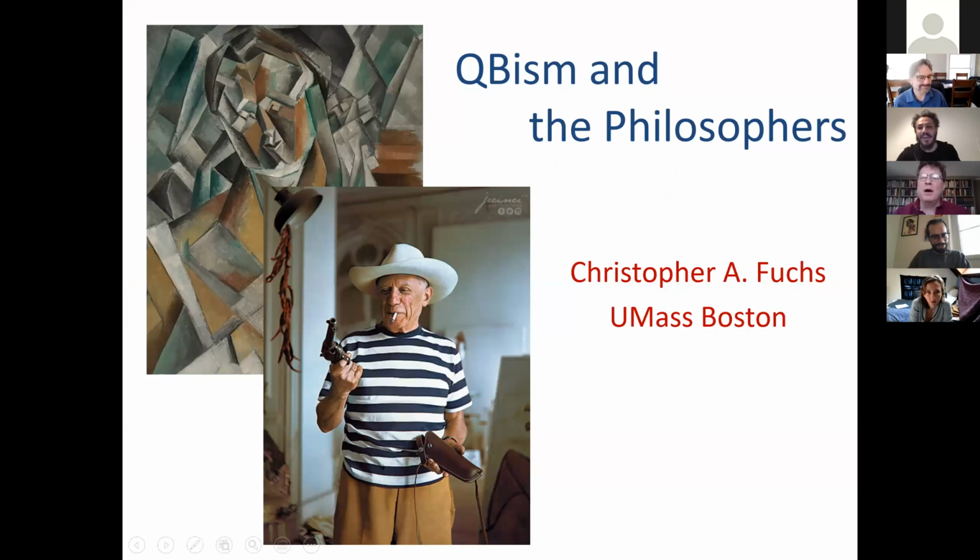So as many of you know, there's been a historical tension between QBism and philosophers of science, and I tried to depict that historical tension with this picture of Pablo Picasso and his gun. Being a Texan, I sometimes feel I have to carry a gun into philosophy meetings myself.